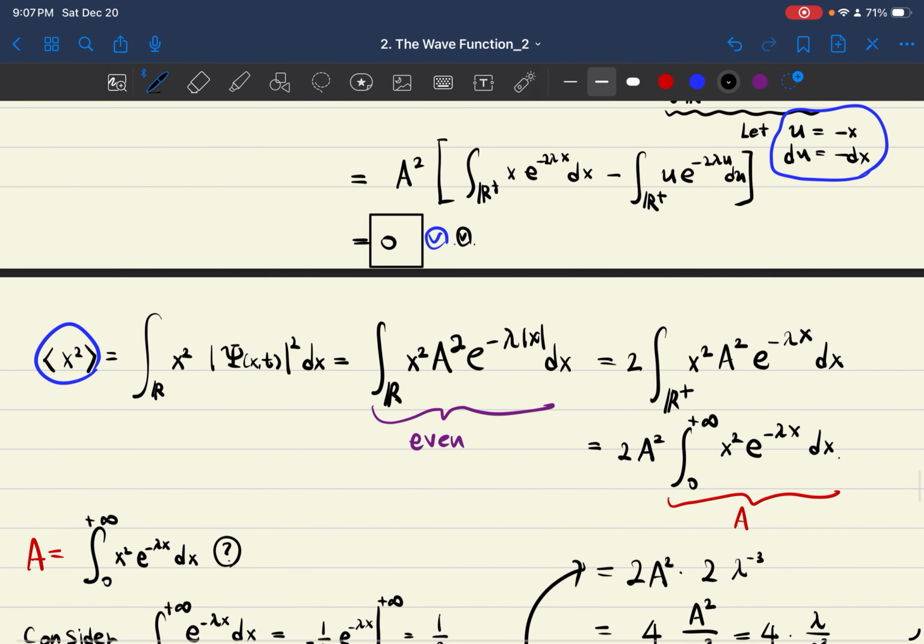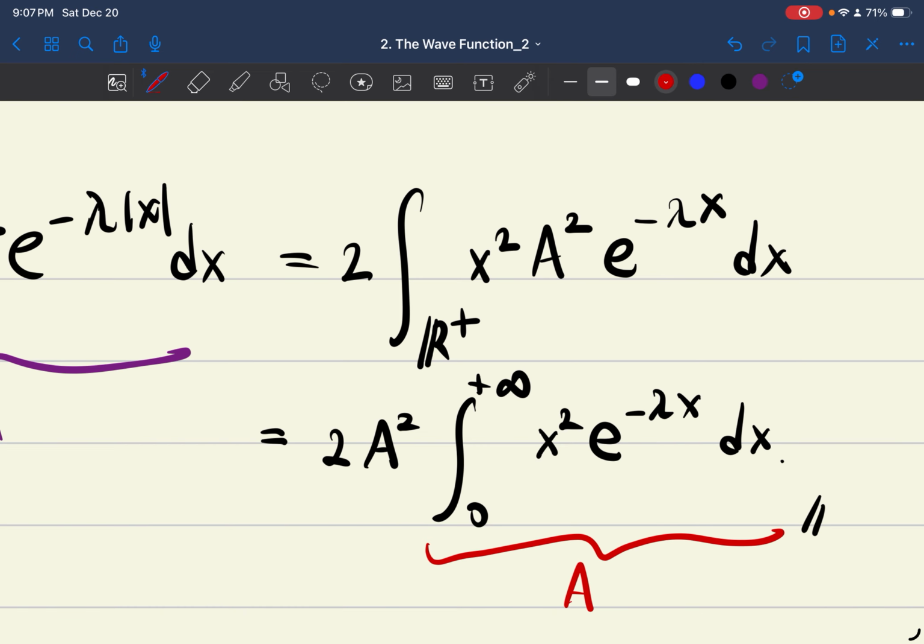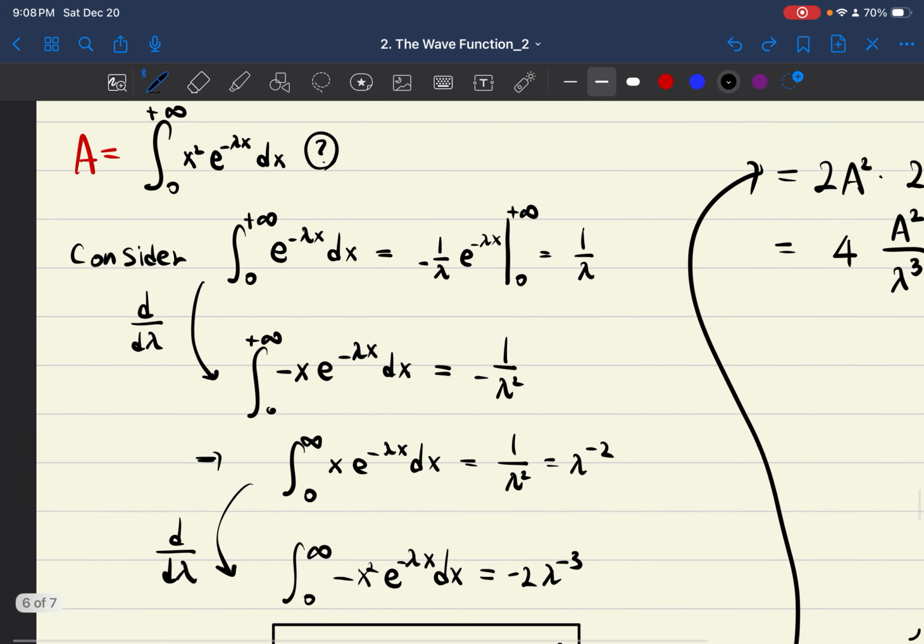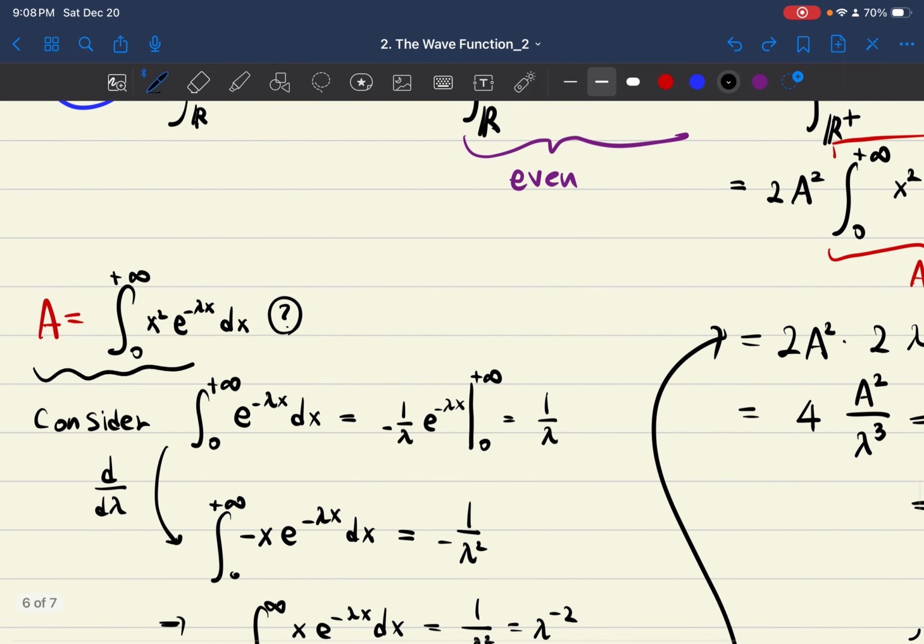Similarly, you have to check the expectation value of x squared. Simple, but here is some tricky integral. Have you seen that? x squared exponential minus lambda x. So the trick is here. How can you find this? So consider first the integral from 0 to plus infinity of exponential minus lambda x dx.